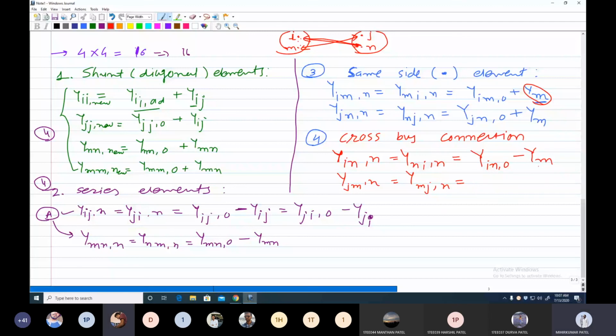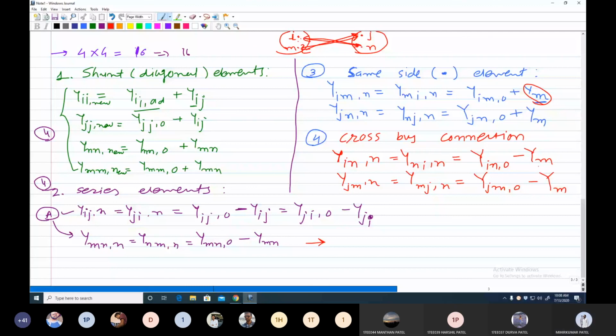Yeah, very good. YJM old minus this mutual admittance between this cross connection. So clear? So what is the conclusion from this theory, for the consideration of case number 3 and 4?